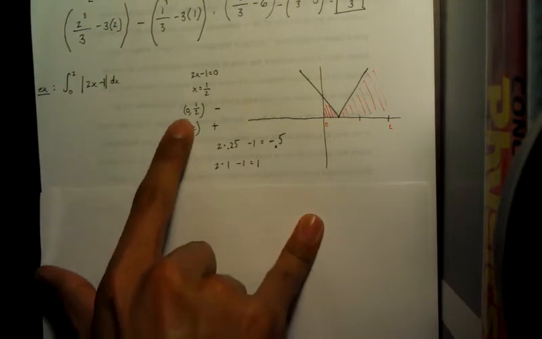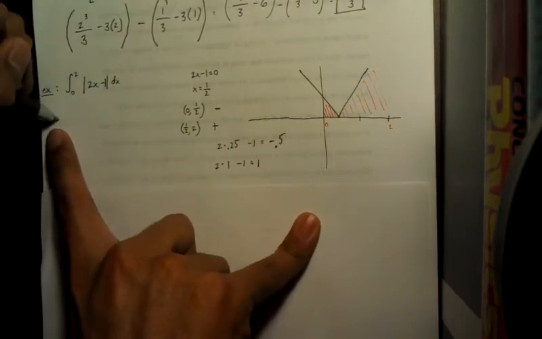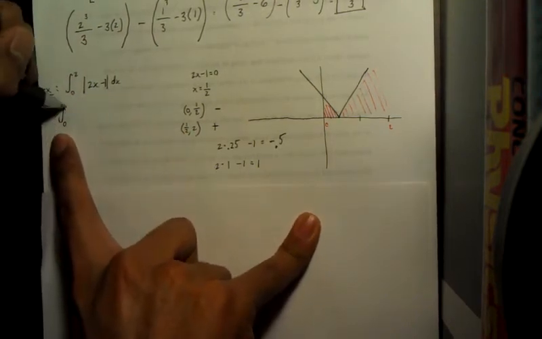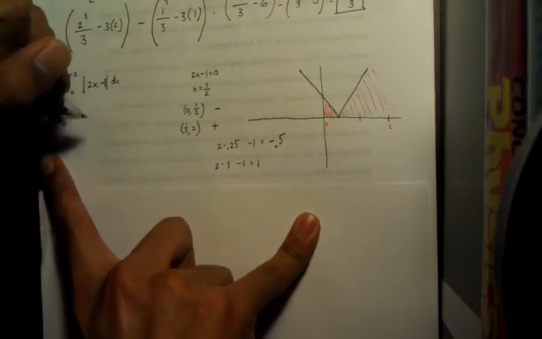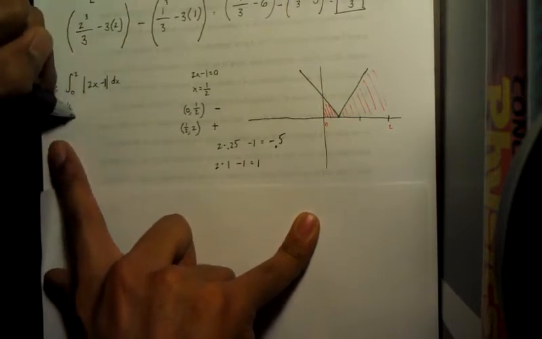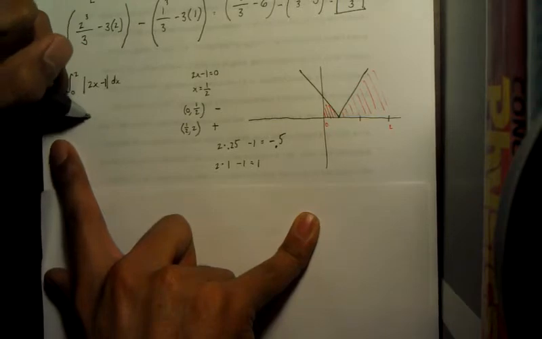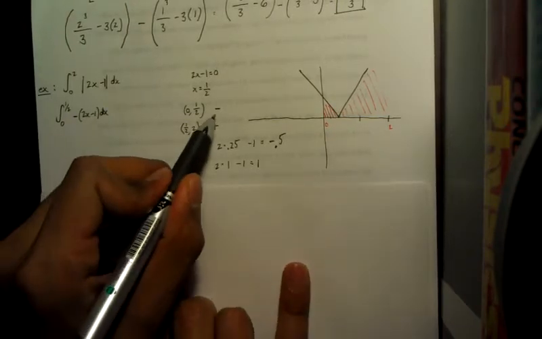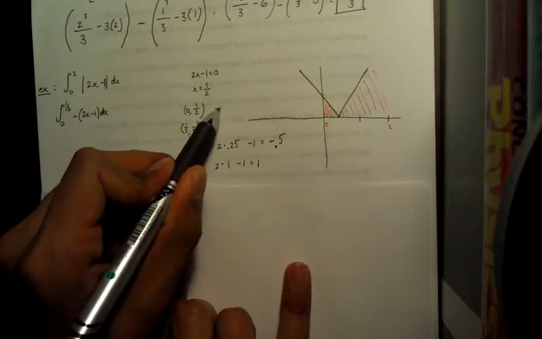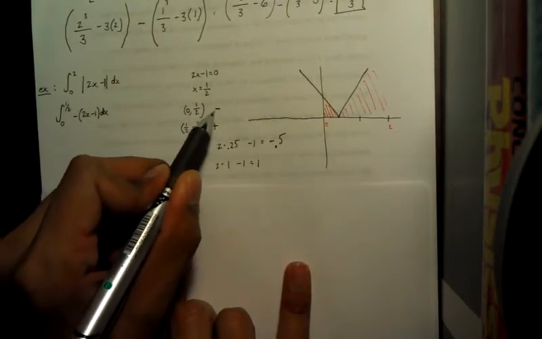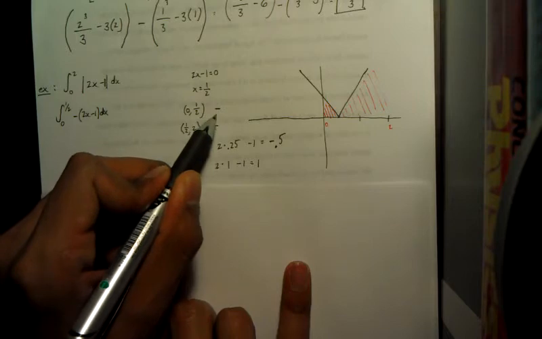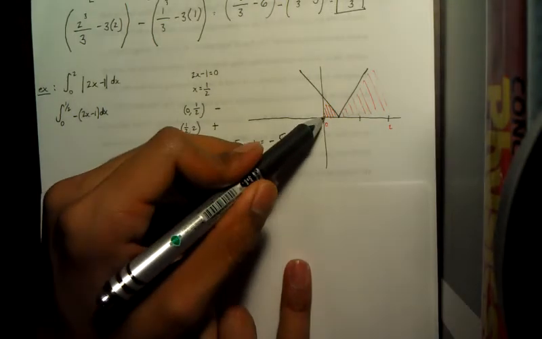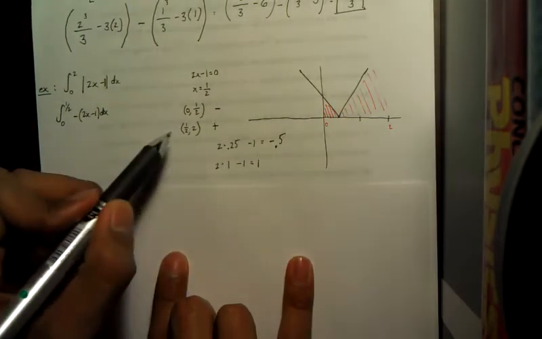So that means what we're going to now do is split this up. Now that we have this information, we can split this up into two integrals. So we can have from 0 to 1/2 of negative 2x minus 1 dx, since we found right here that from 0 to 1/2 it produces a negative, but this is still a positive area.